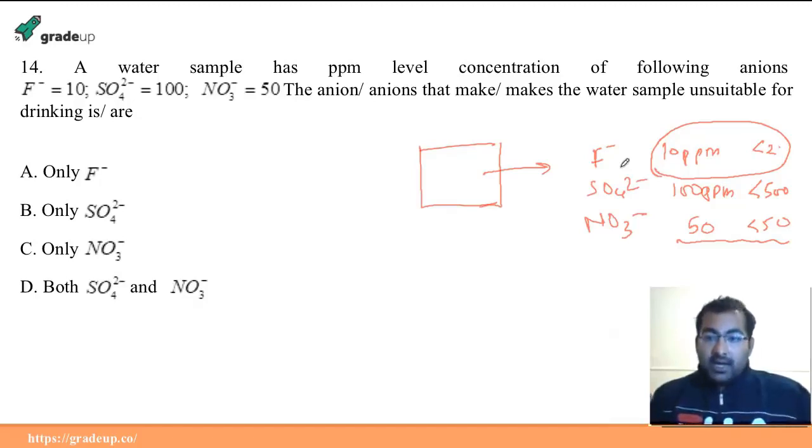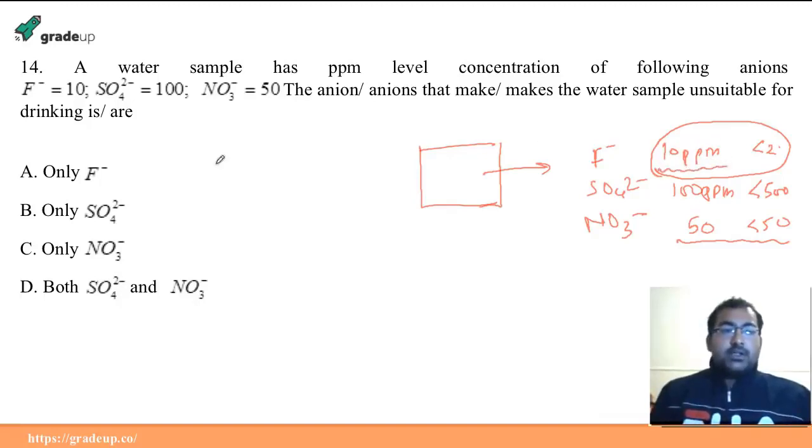What fluoride does is deplete your teeth and cause some deposition on them, so that is not desirable for drinking purposes. The rest everything is fine, either in the limit or way below the limit. So the fluoride ion is making the water not suitable for drinking purposes.